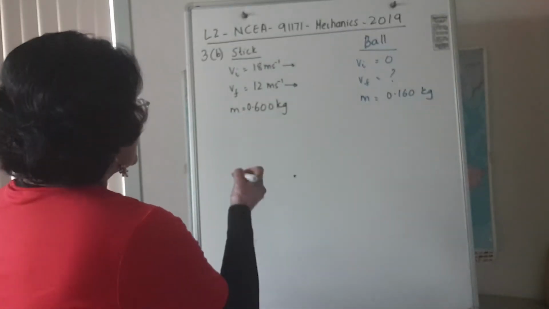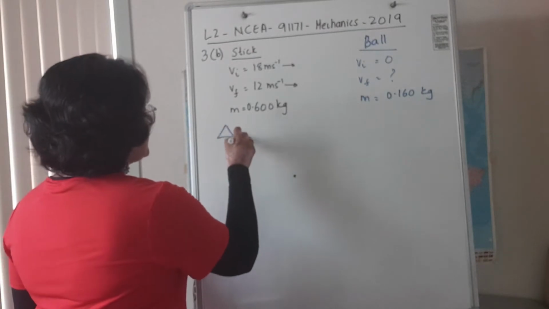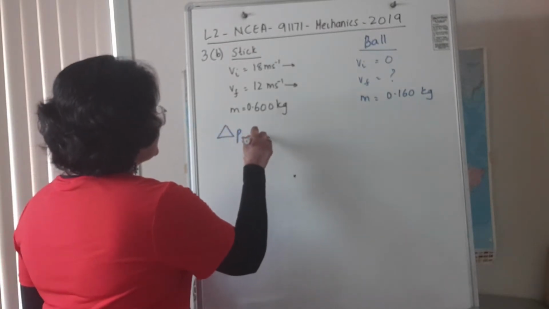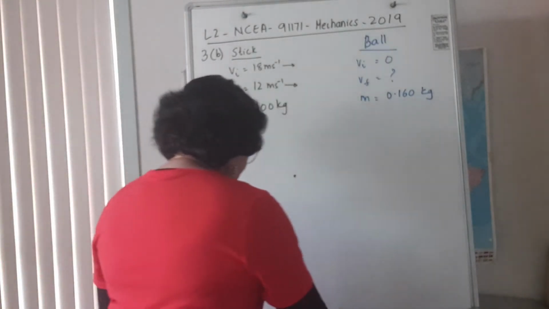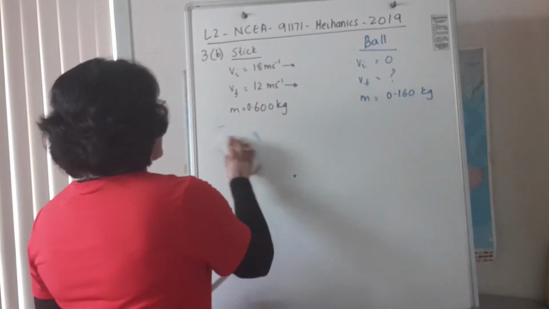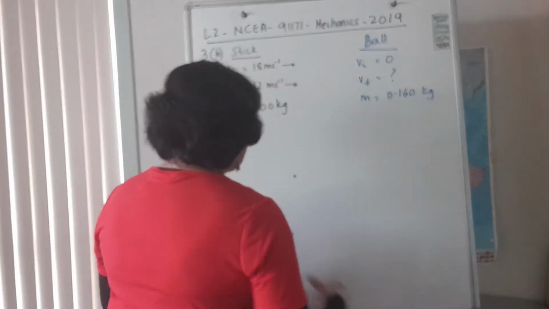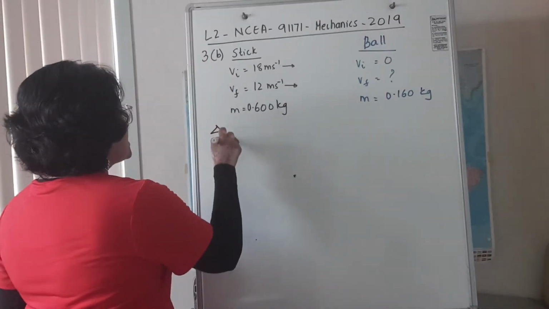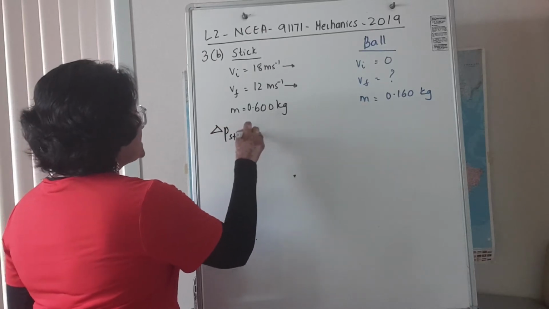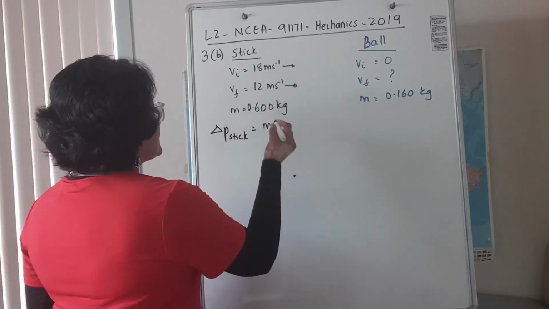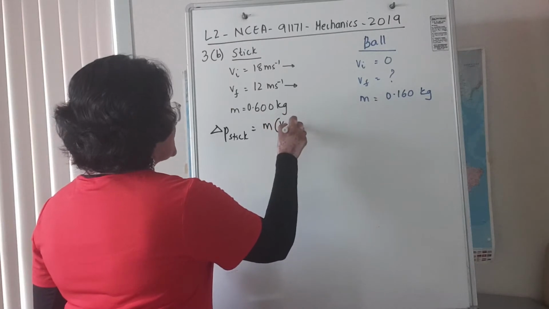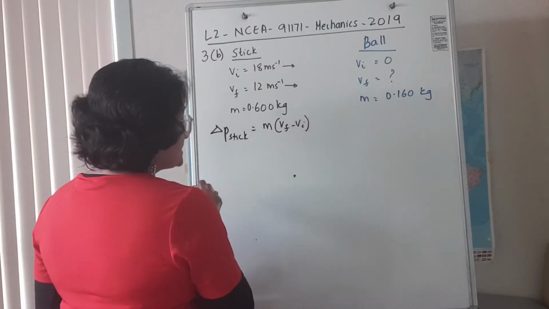So the change in momentum of the stick, I'll color code the stick with black and the ball with blue. The change in momentum of the stick is mass times change in velocity, which is final velocity minus initial velocity.